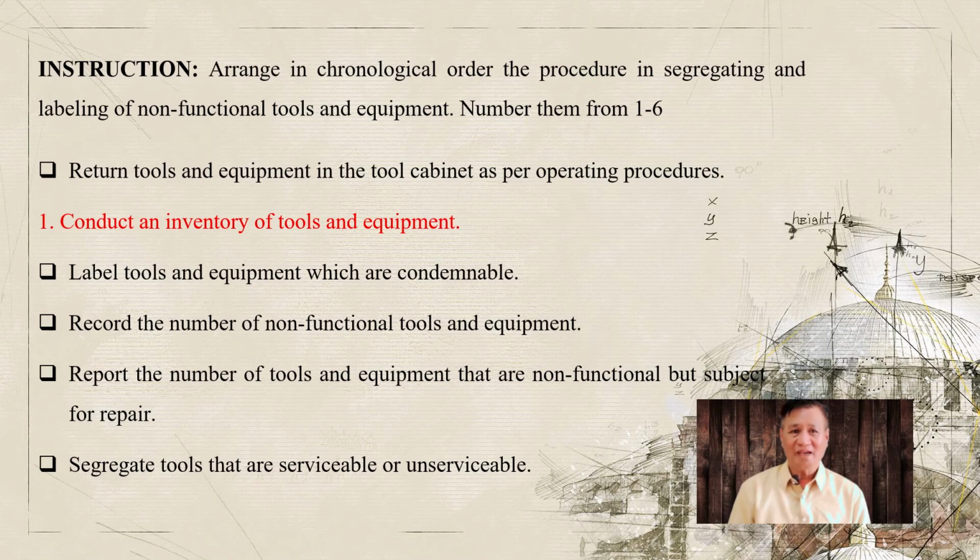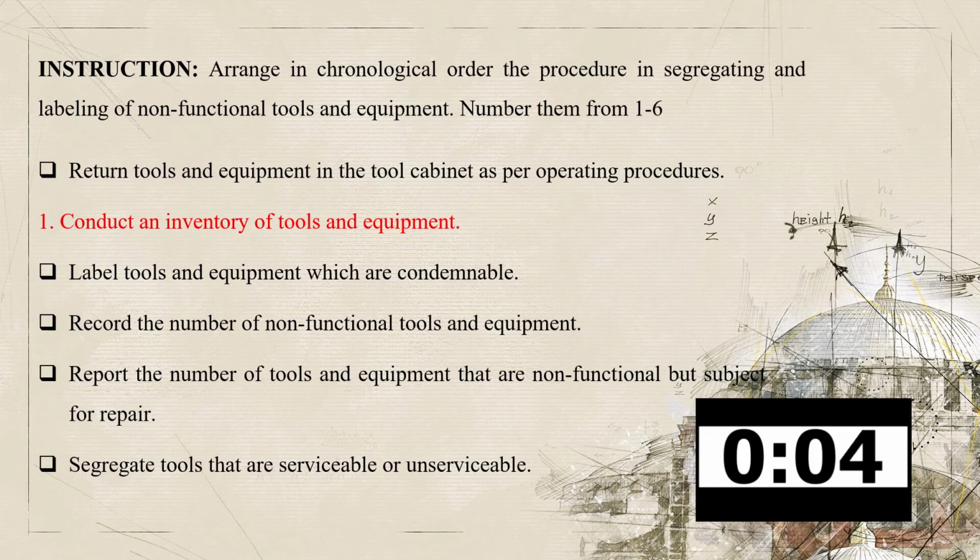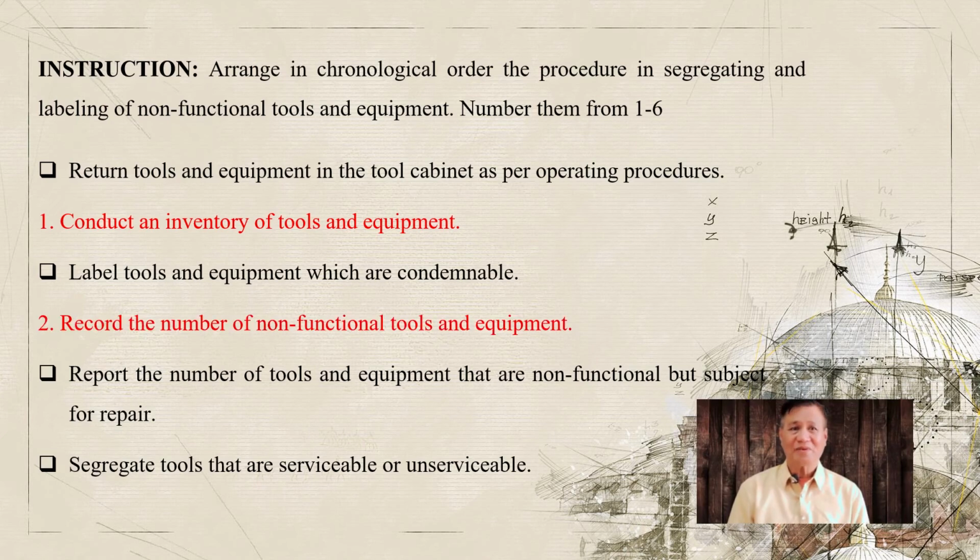Yes, conduct an inventory of tools and equipment is the first procedure. Next, what do you think is the second procedure? Time starts now. Correct. Record the number of non-functional tools and equipment is the second procedure.